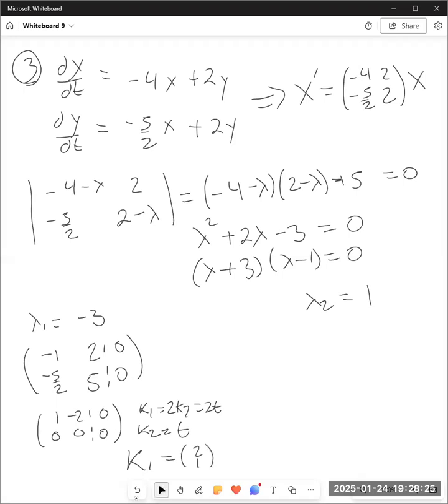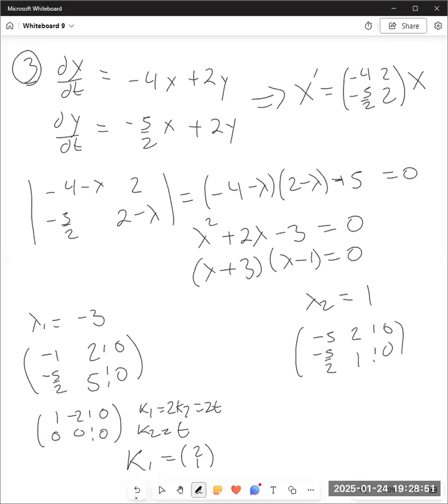That's my first eigenvector that goes with my first eigenvalue. Notice the subscripts match each other. This eigenvector goes with that eigenvalue. Now I'm going to find the eigenvector that goes with this eigenvalue, and that's going to be negative 4 minus 1 is negative 5, 2, negative 5 halves, 1.